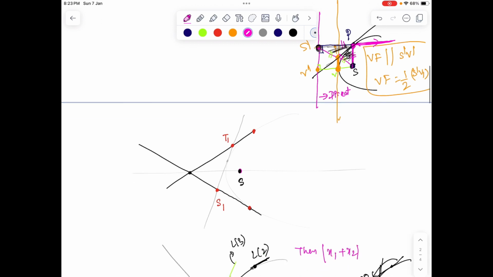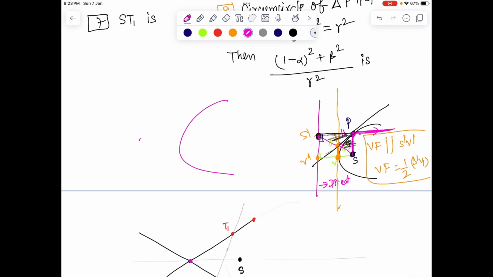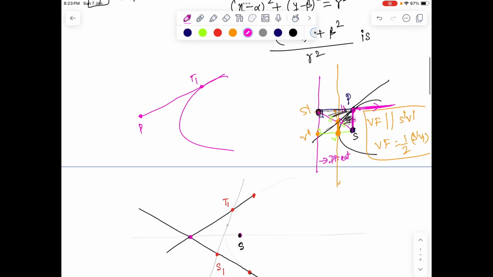One of the remarkable properties of the parabola, which is not so obvious from basic geometry, concerns the circumcenter of a triangle formed by tangents. Let's say we have tangents drawn from an external point P which meet the parabola at some points A and B. We have another tangent at some point C. So now clearly we have a triangle formed by tangents at any three points on the parabola.